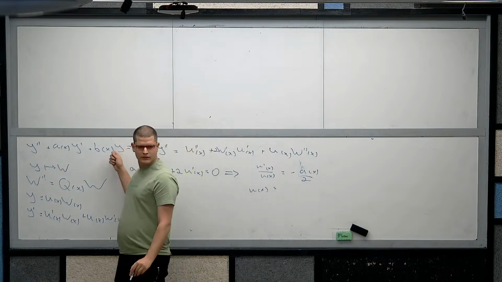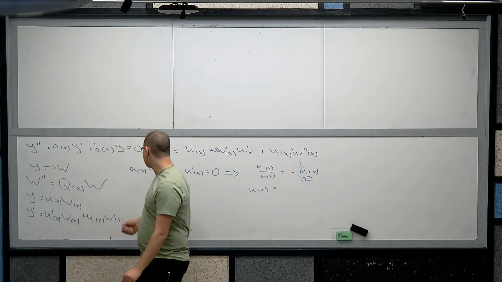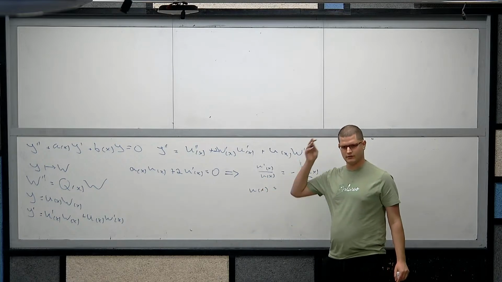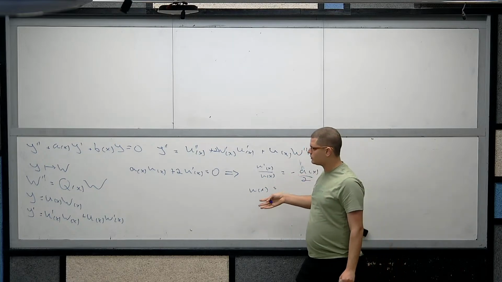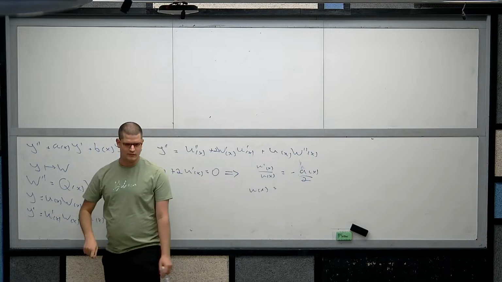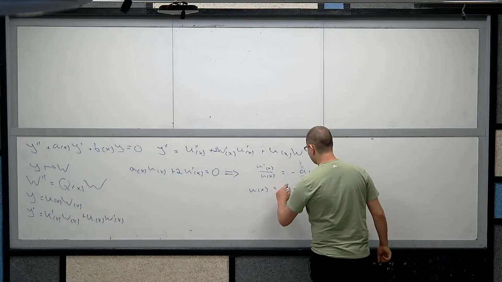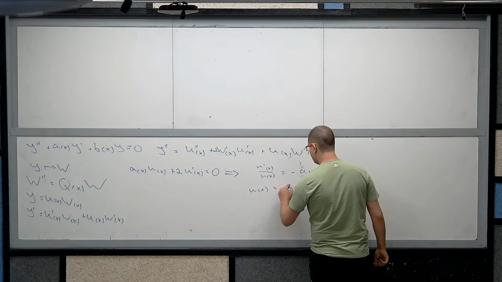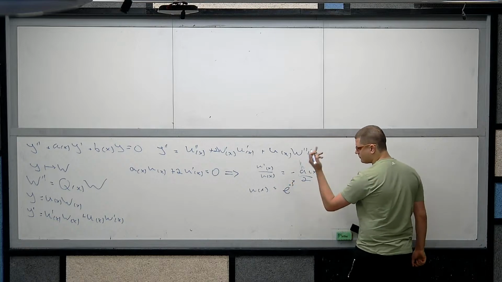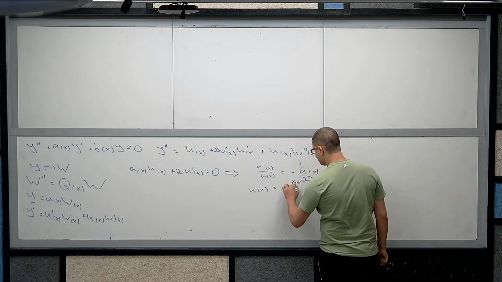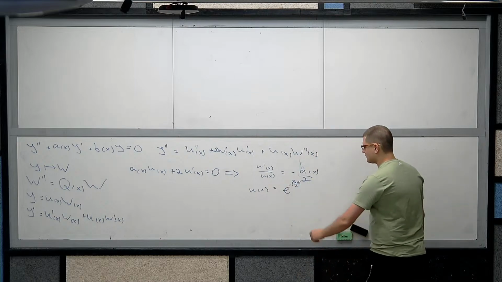That is a linear ODE, and that coefficient is equivalent to just multiplying by some coefficient, so we can suck it into the w. So what we get is e to the minus integral from any point you choose of a of x divided by 2. That is the equation.